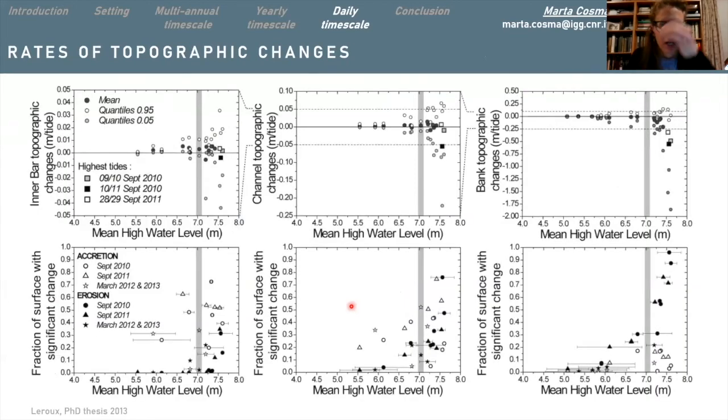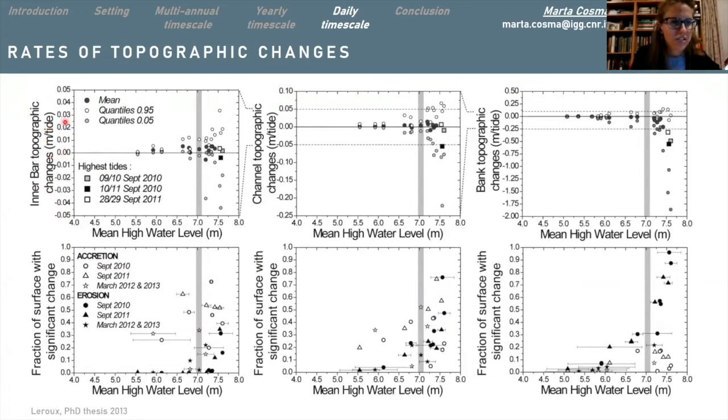And here there are some results from his thesis showing the rates of topographic change for the different areas of the point bar. How to read these graphs? Here you can see the topographic changes in meters per tide.